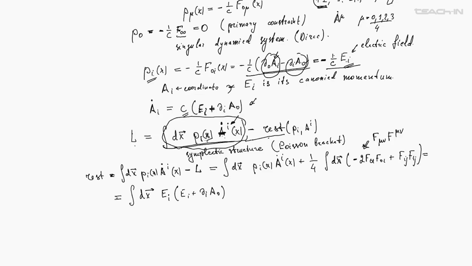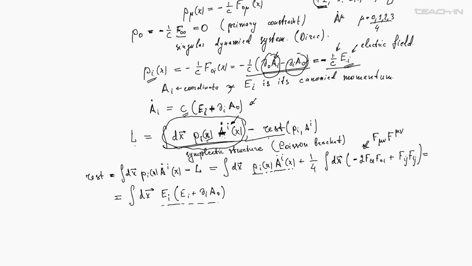Where did the minus 1 over c go? Minus 1 over c sits in pi, right? But you replaced pi with ei, but it's actually minus 1 over c ei.